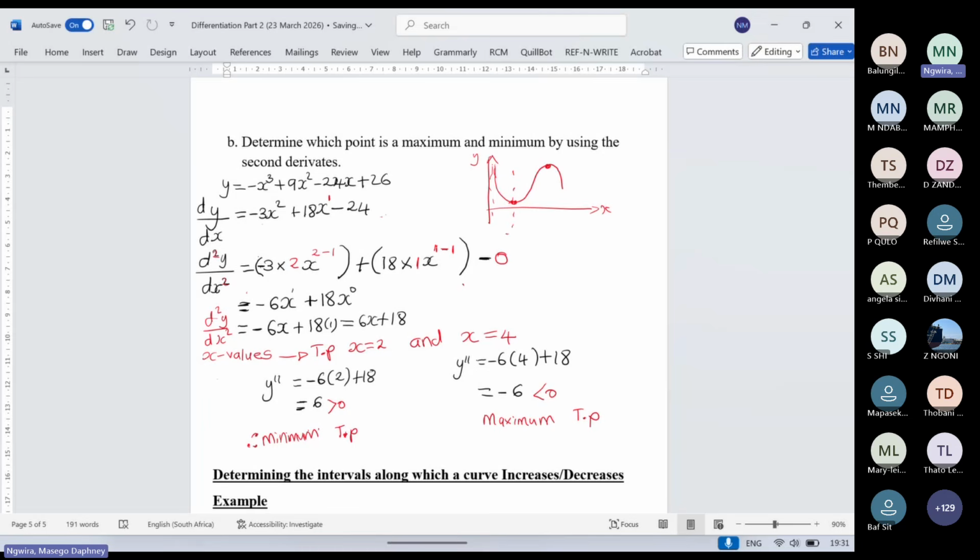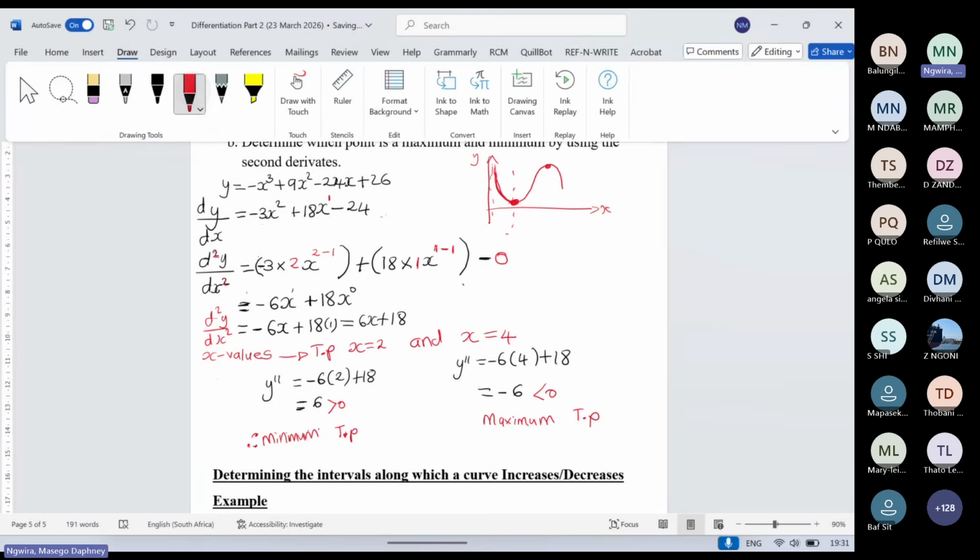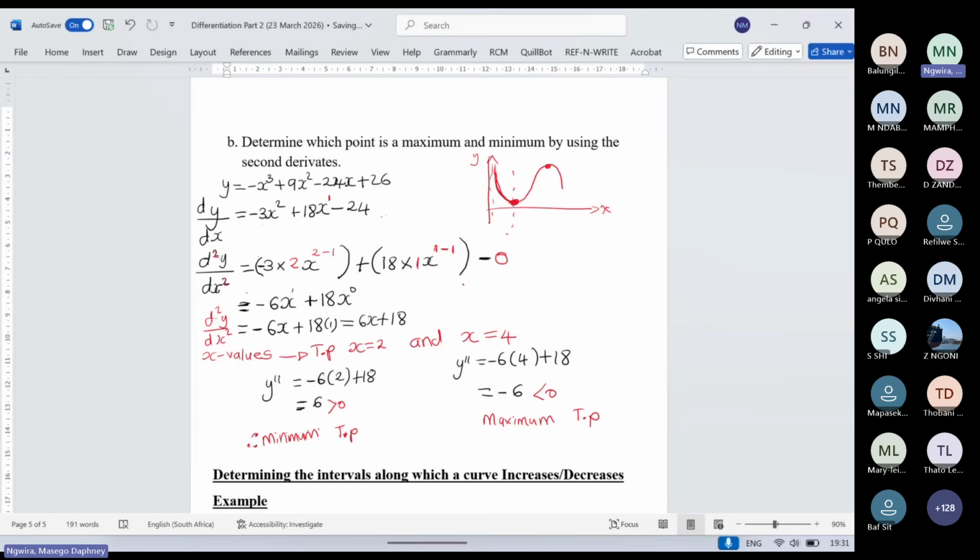This line goes down. This is decreasing. And then when I start moving from here and go up, this is increasing, because when I move from left to right, this line is going up. We say it's increasing. And then again, when I move from here going down, it's decreasing. So that's how we measure whether the graph is increasing or decreasing. You move from left to right every time.